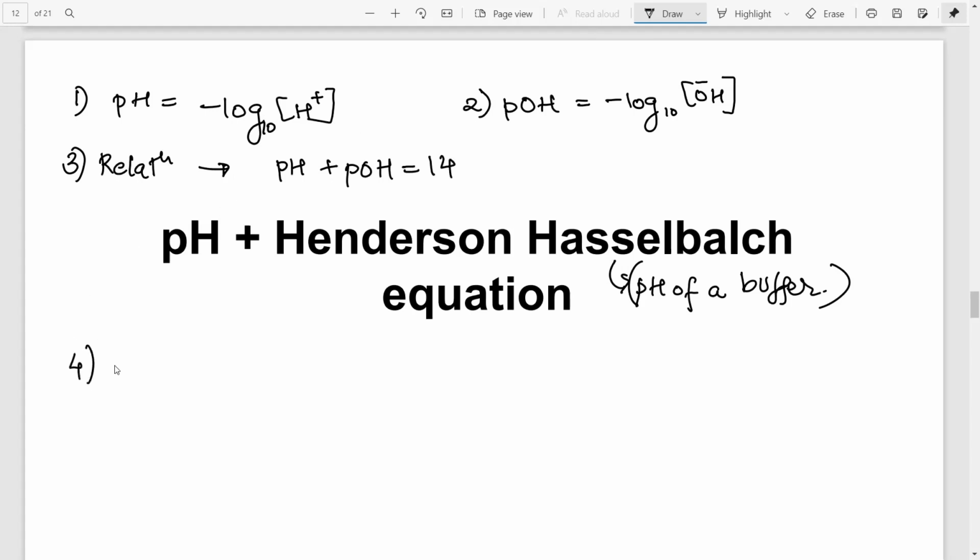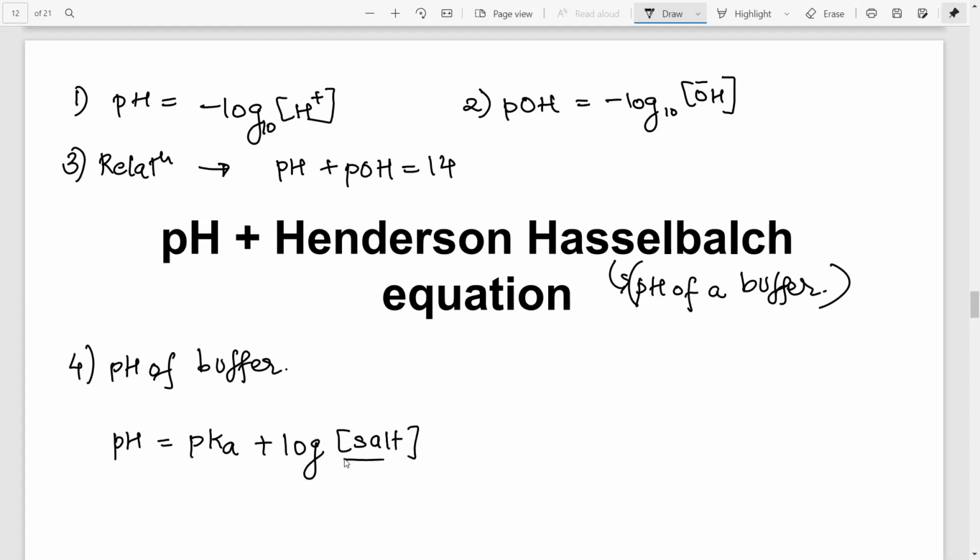Now, to calculate the pH of a buffer, that is by the Henderson-Hasselbalch equation, the equation is that pH is equal to pKa plus log of salt upon acid. Sometimes it is represented as A minus upon HA.